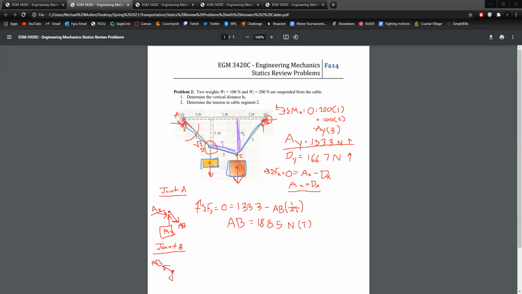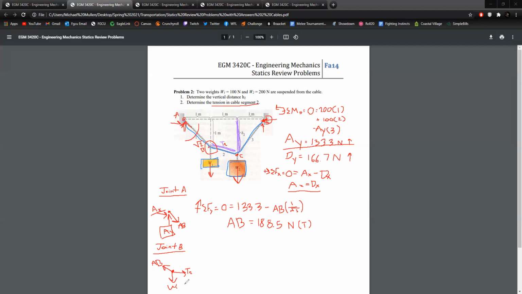We have W1, which is known. And we have T, I'm going to call it T2, because that's what the problem calls it, the tension in cable segment 2. So with AB being known and W1 being known, we only have to find T2.